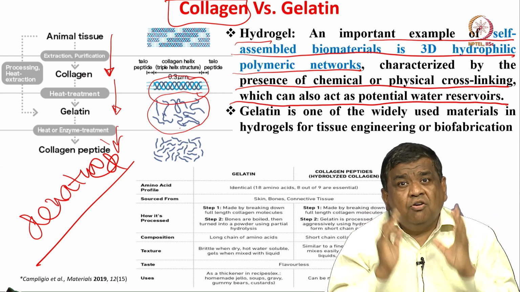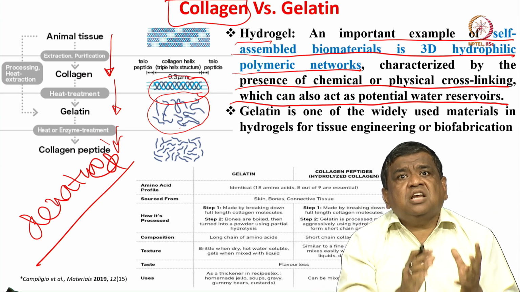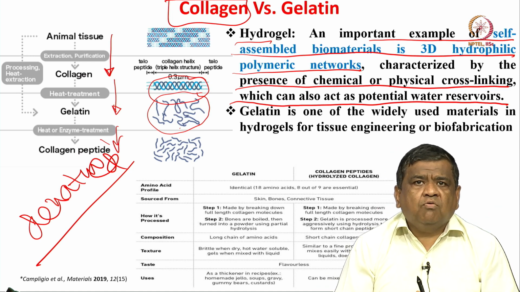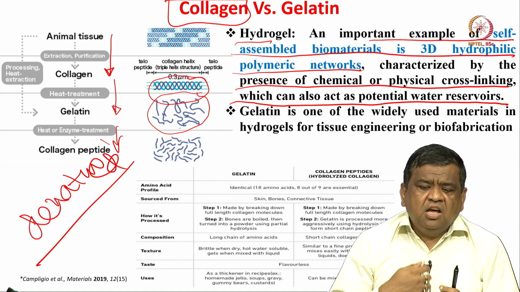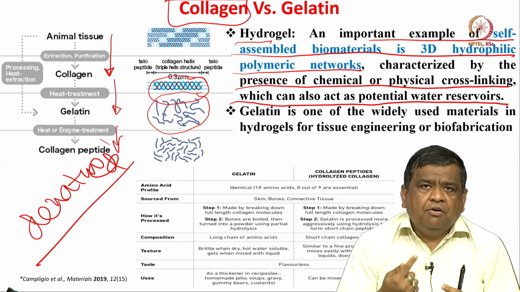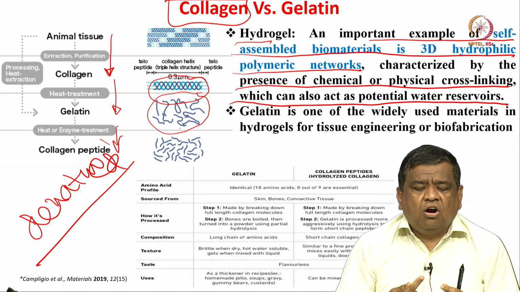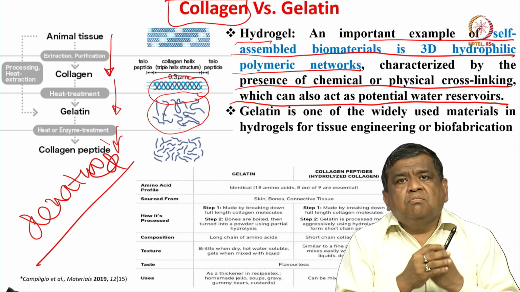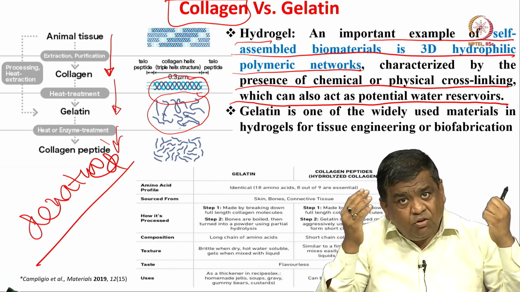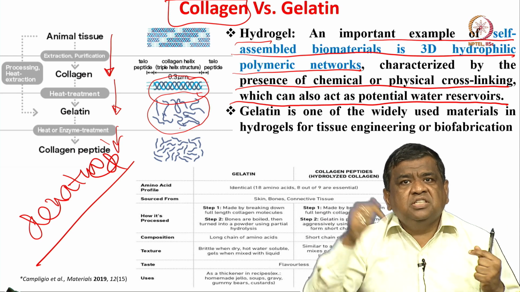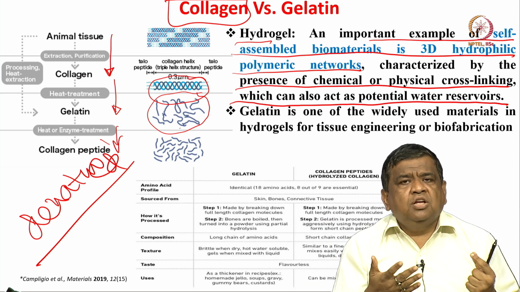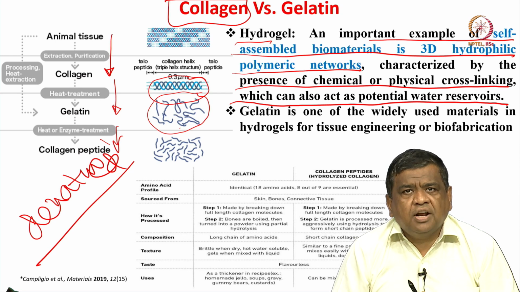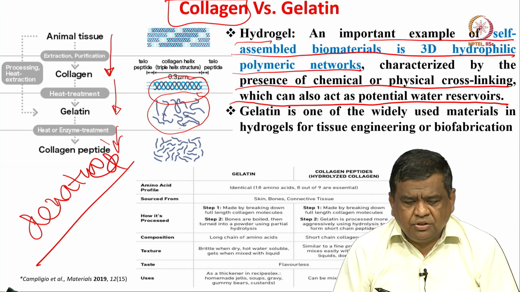So, hydrogels by definition must have the ability to contain a large amount of water molecules, and they are made up of 3D hydrophilic polymeric networks that must have the ability to be cross-linked physically, for example by UV exposure, or chemically, for example by adding calcium chloride to the solution.